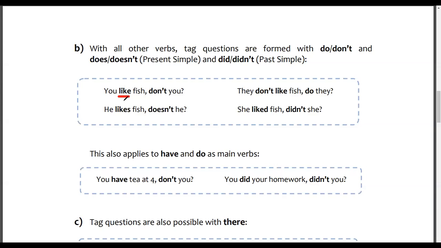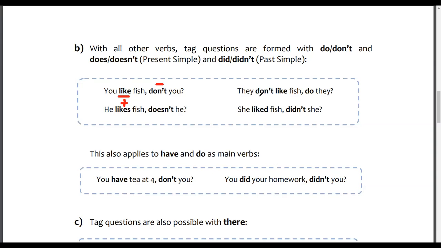This is positive, yes, and remember, if here is positive, then here it's got to be a negative one. So you do like fish, don't you? Yes, very important. Let's see this one now. Here it's much clearer because you have the auxiliary verb seen over there.